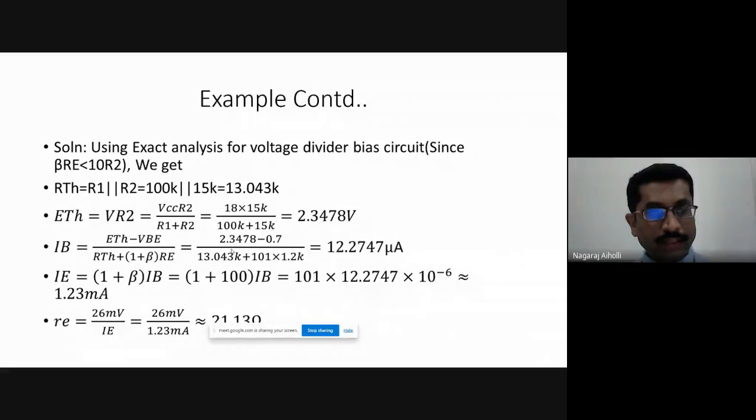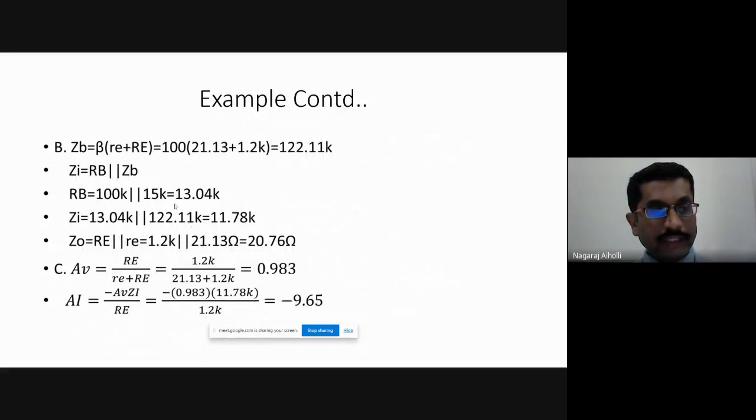20.76 ohms. So in part C, they have asked voltage gain and current gain. Directly apply the formulas. The main formula that we have already discussed in the basic emitter follower circuit: AV is given by capital RE divided by small re plus capital RE. Just substitute the values. Capital RE is 1.2K, divided by small re, 21.13, plus 1.2K. The answer comes out to 0.983.